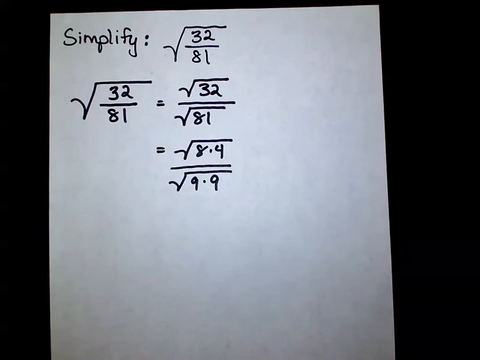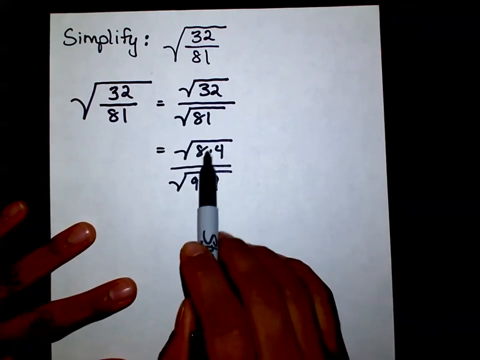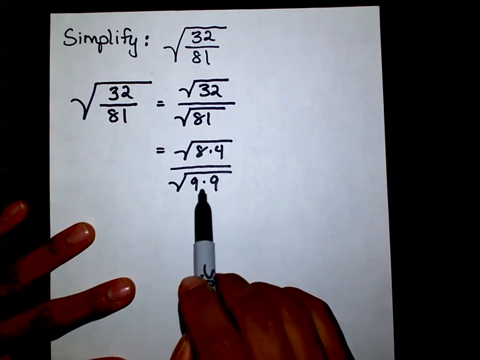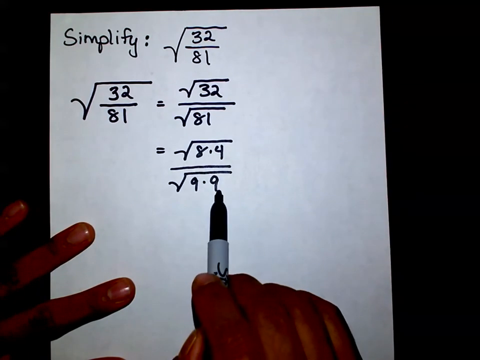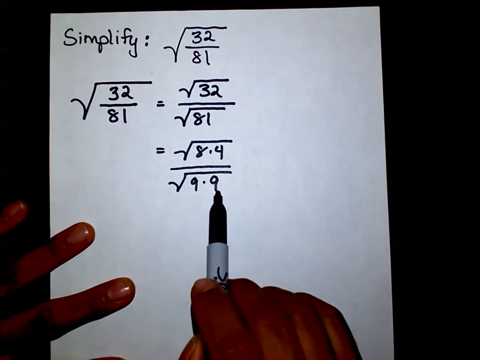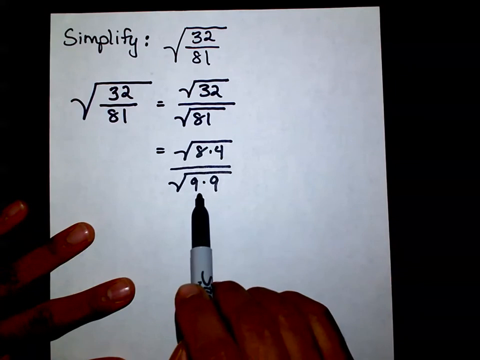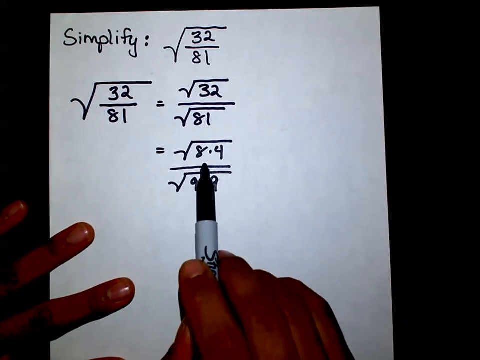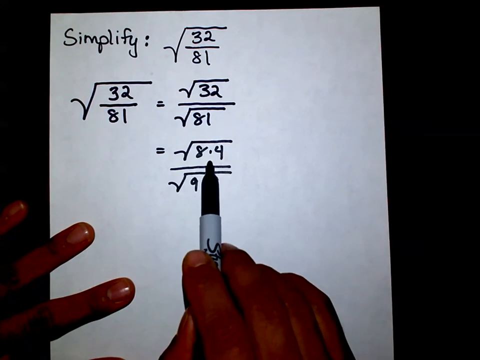Alright, now let's take a pause here. On the top, I still have to break down my 8 and my 4. Okay, but on the bottom here, I have two 9s already. I could break these down into 3 times 3 and 3 times 3, but that would just be making extra work for myself because I already have two of the same numbers. So I'm going to leave that how it is. I'm going to continue to break down my 8 and my 4 on the top.